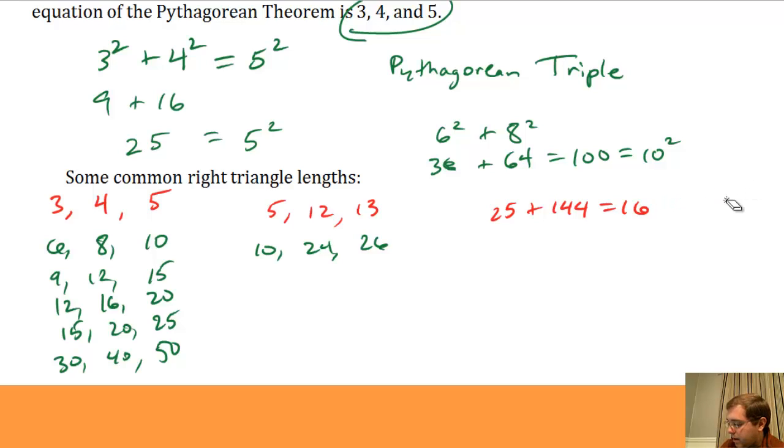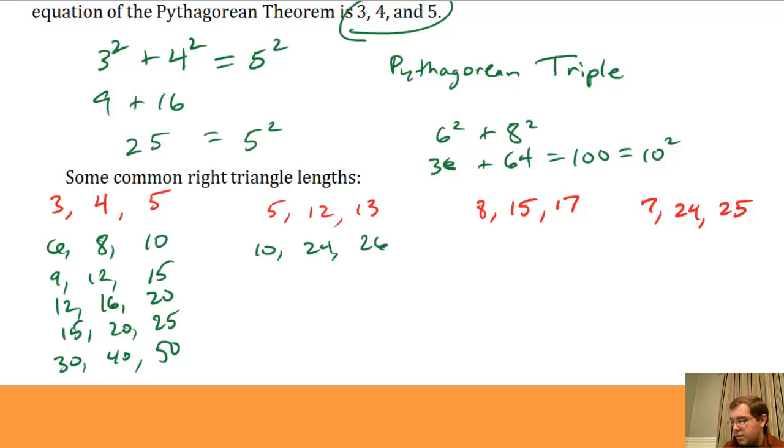And I can multiply them by 3 or 4 or 5 or 206. Doesn't matter. As long as I multiply them all by the same number, I'll have another Pythagorean triple. Another one is 8, 15, 17, and also 7, 24, and 25. And again, I could take a multiple of those as well.